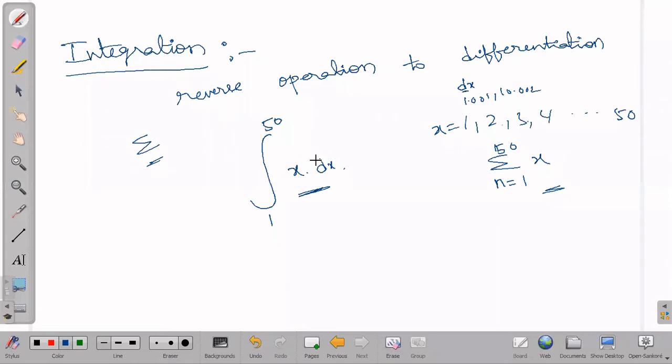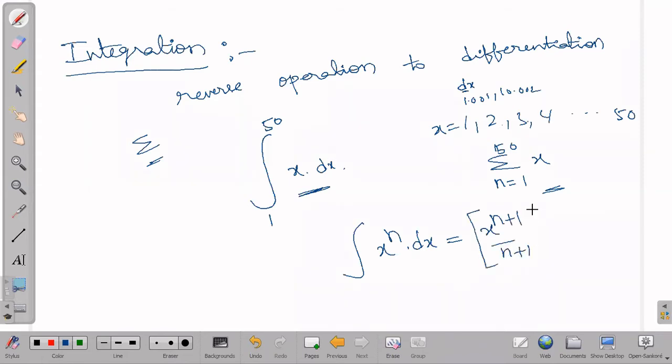So integration I have shown here, differentiation I have shown here. There will be some formulas we use in integration or differentiation. In integration, the formula is integration of x power n dx equals x power n plus 1 by n plus 1; in integration the power will increase. For the time being, just remember this.